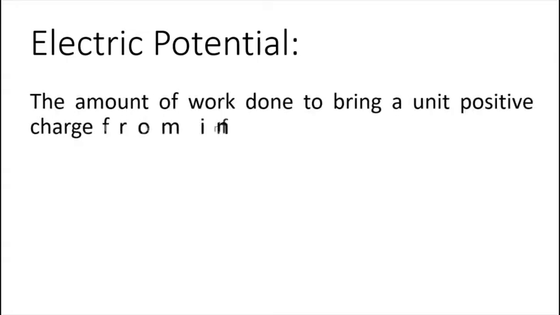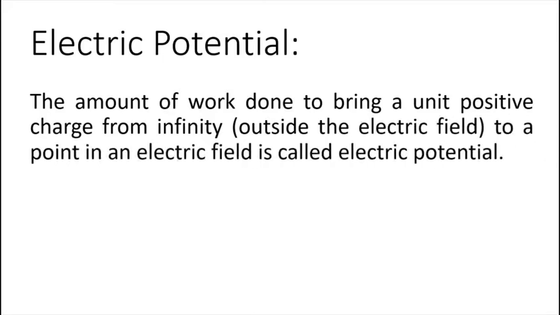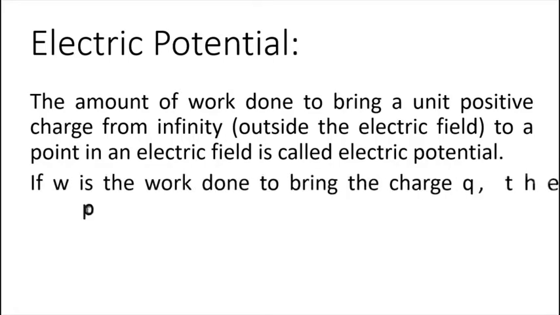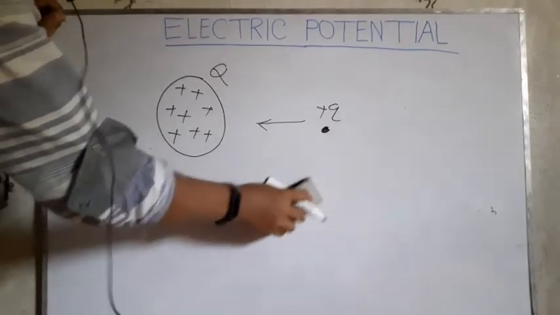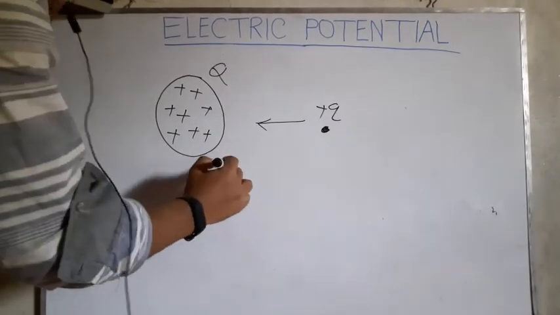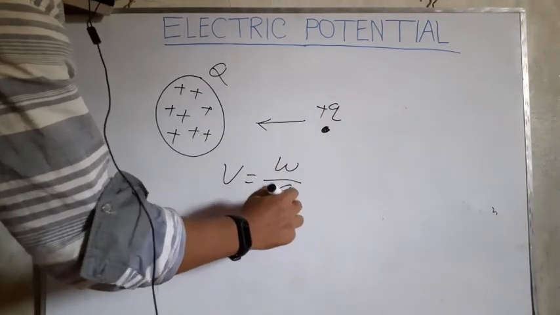Electric potential: the amount of work done to bring a unit positive charge from infinity to a point in an electric field is called electric potential. If W is the work done to bring the charge q, then potential V is equal to W divided by q.